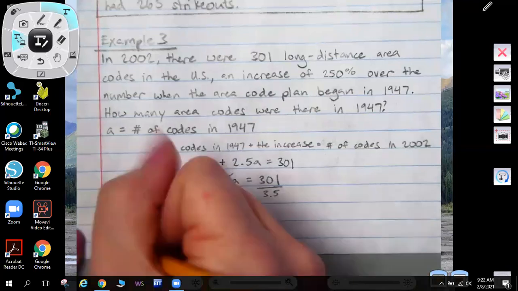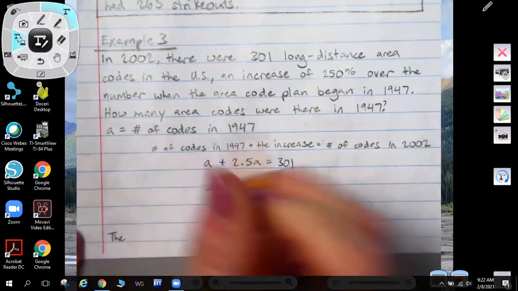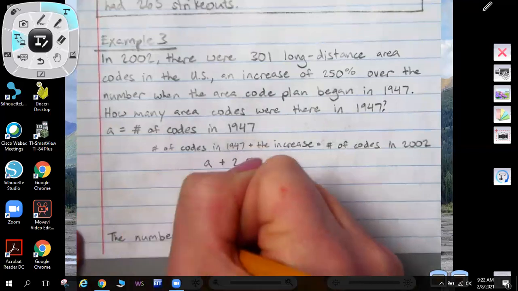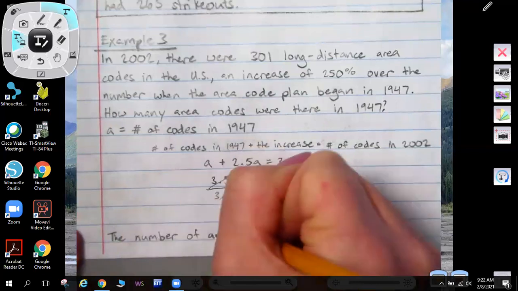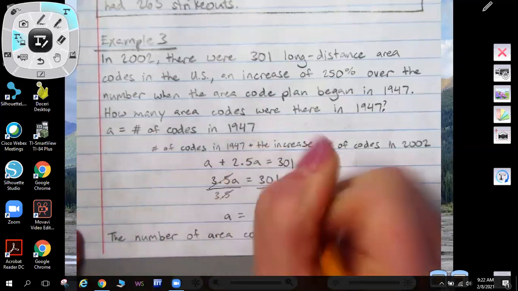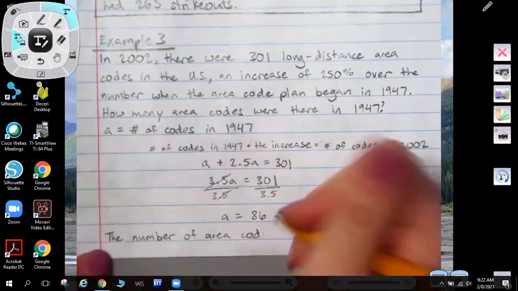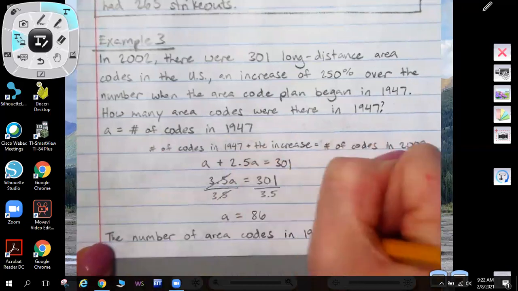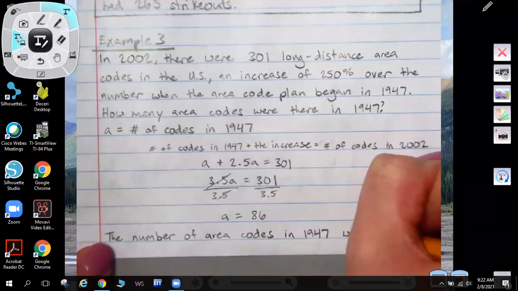So our answer is the number of area codes in 1947 was 86.